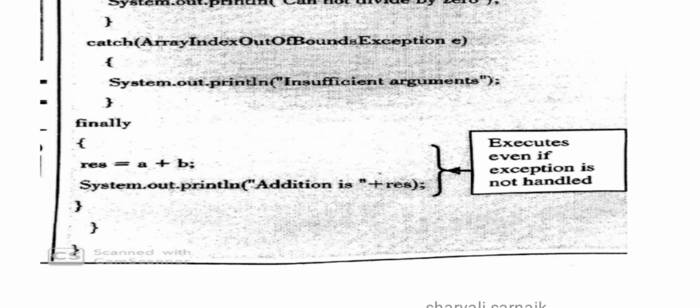The code written in the finally block will get executed even if the exception is not handled. The exception may occur or may not occur, the code written in the finally block will compulsorily get executed.